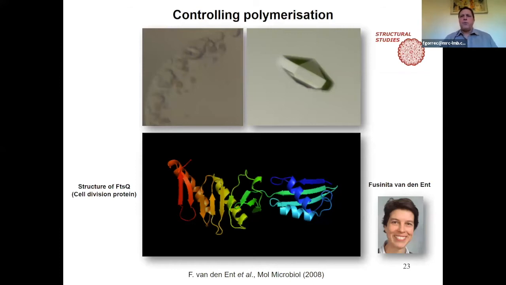You have the problem of the protein that wants to be crystallized. You have more of a problem that the protein wants to aggregate or polymerize. And controlling polymerisation is often an important work for some projects, notably the cell division proteins. It's the case here with FtsQ, a protein that Fujinita from structural studies worked a lot on before she was able to crystallize it.